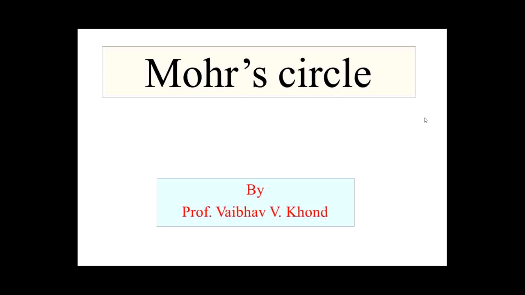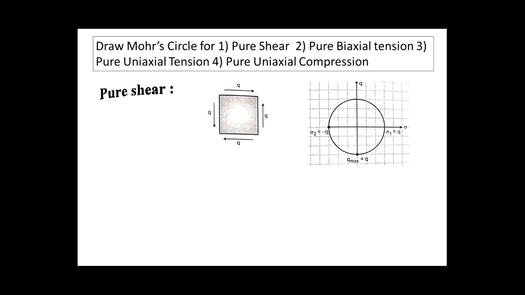There will be different cases for the Mohr circle. Just have a look at the Mohr circle. We have taken different cases like pure shear, biaxial tension, uniaxial tension, and uniaxial compression.